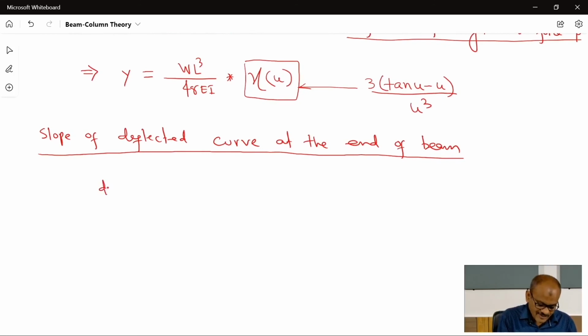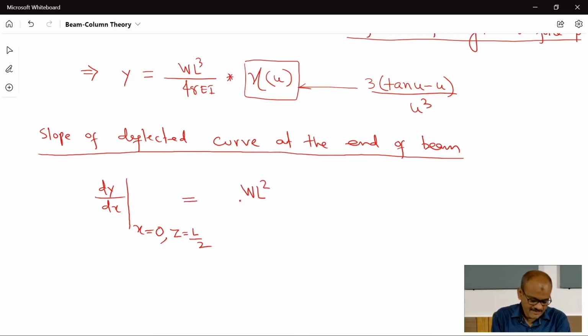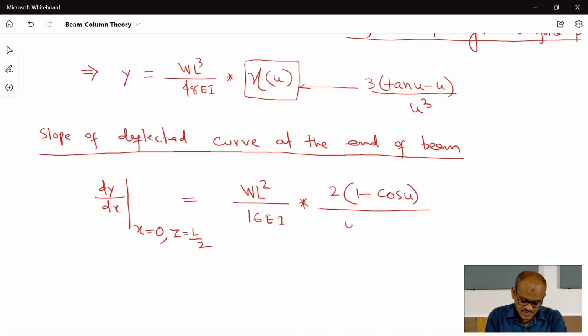The slope at the end you can find by making dy by dx at x equal to 0, and the load is applied at the center, meaning z is equal to L by 2. If you do it, you will get WL square divided by 16 EI multiplied by 2 times 1 minus cos U divided by U square into cos U.